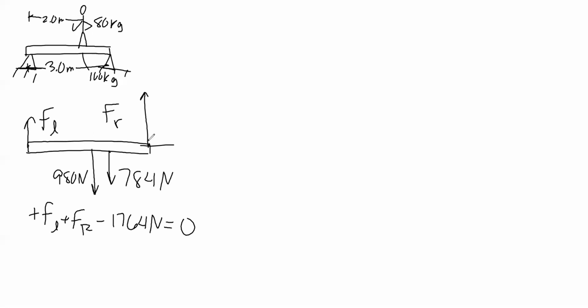But where is the axis? If it's not rotating, where's the axis? That's where we're free to choose. It turns out that no matter what axis you choose, you'll always get the right answer. So you choose the one that's easiest. So let's select the left edge.